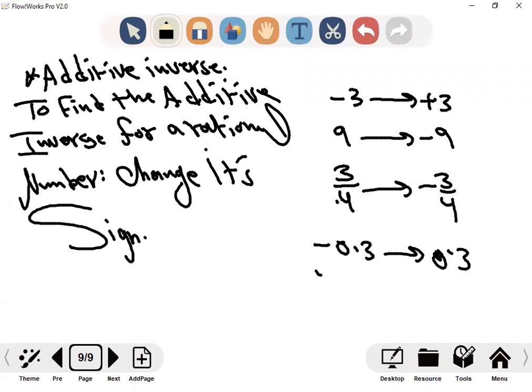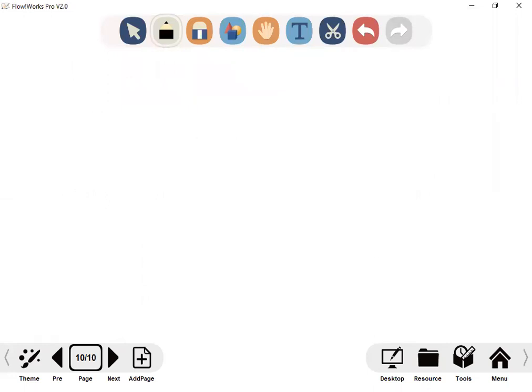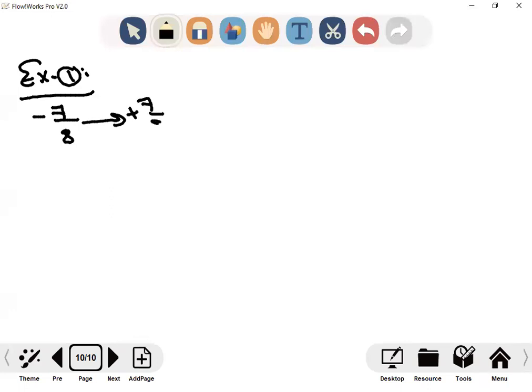Now let's see example 1. Find the additive inverse of -7/8. -7/8. What's the additive inverse? +7/8. Any problem? Check after example 1.